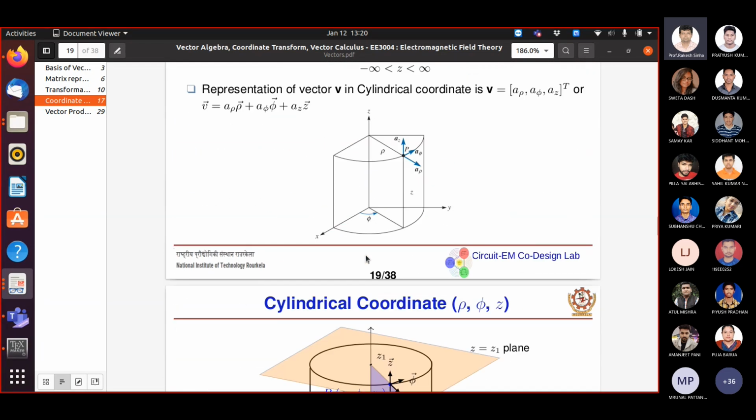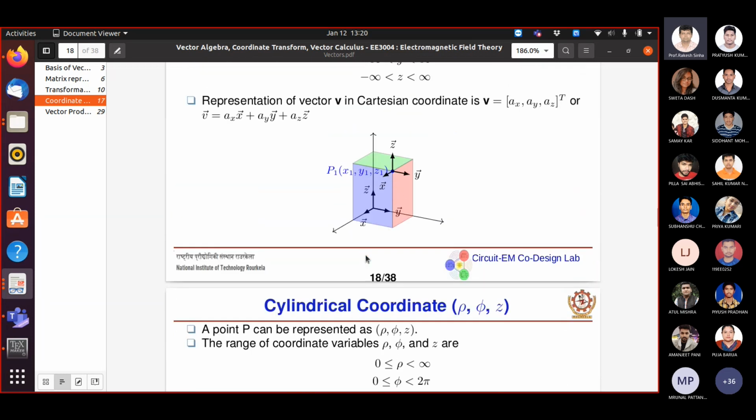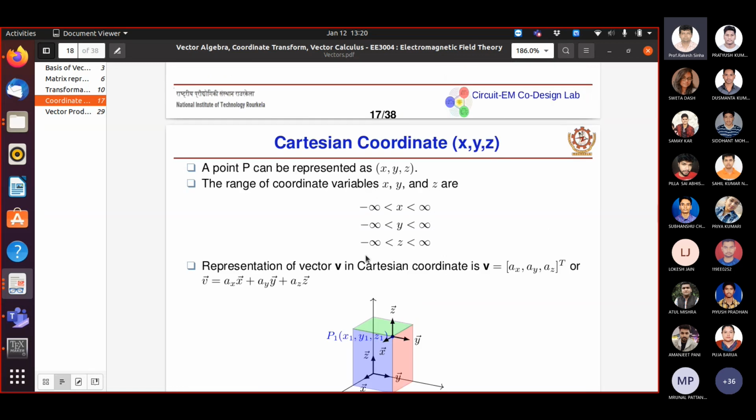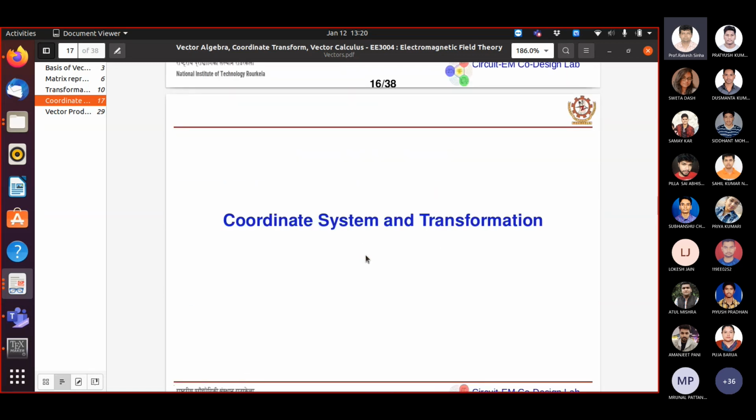So why do we use three different types of coordinate system? Because when we try to analyze a field, the electric field or magnetic field created due to a certain geometry, where the current is flowing or some charge is stored, or maybe you have time varying charge or time varying current flowing, it is easier to analyze.